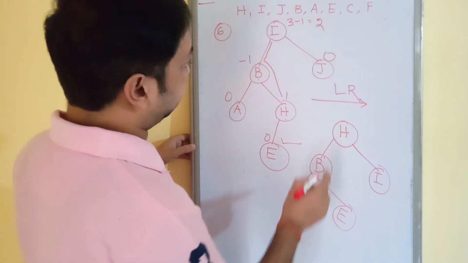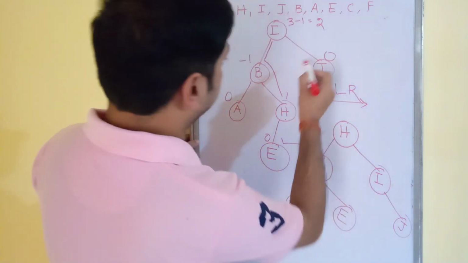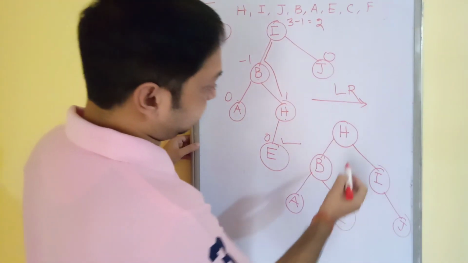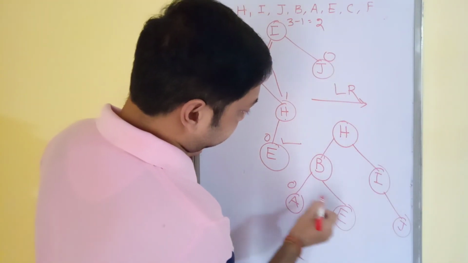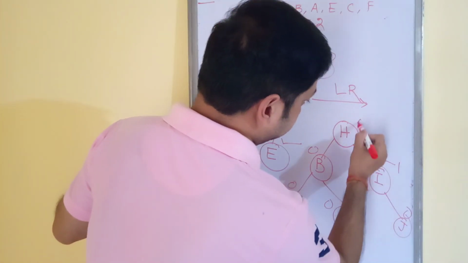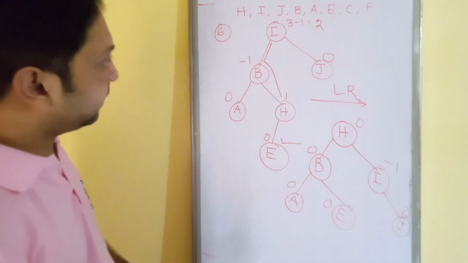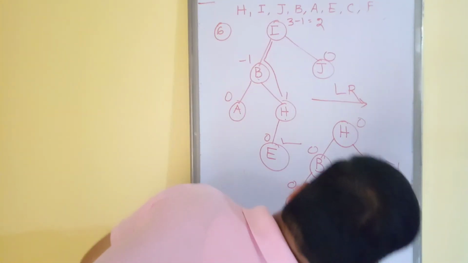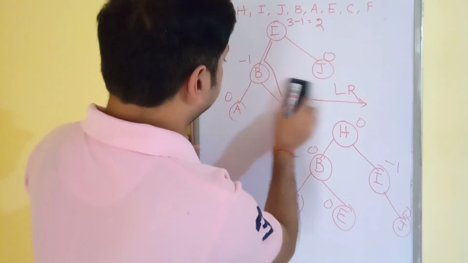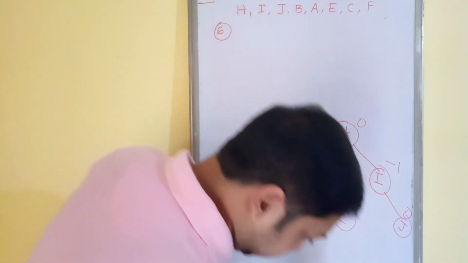Now for I, it will be J. How many nodes are there? 3, 3, 6. Right. Now it is 6. So this is 0, 0, 0. 0 minus 1. This is 0. So this is all about your E. Now another 2 nodes are there. Just see where we will put that one. It will look like that.